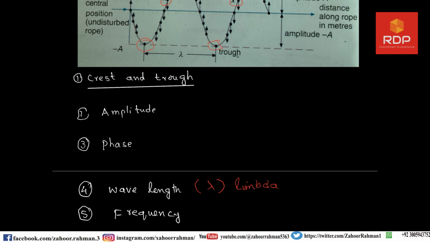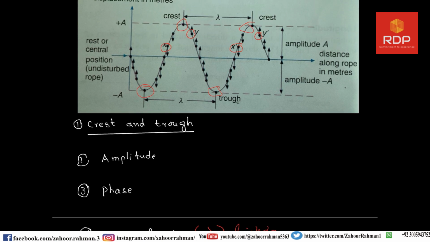What is the wavelength? The wavelength is the distance between two consecutive crests or consecutive troughs. So this is denoted by this area.